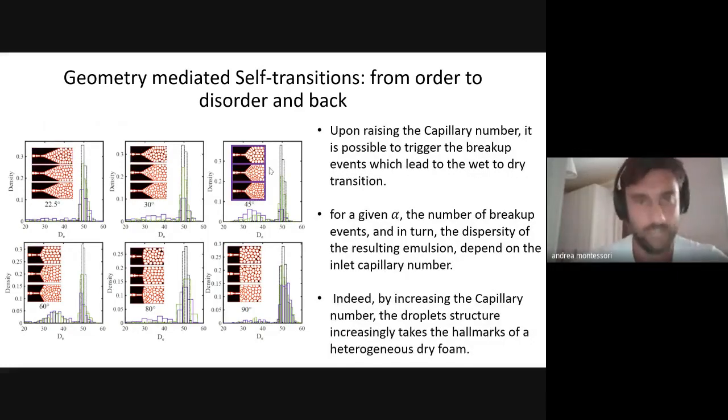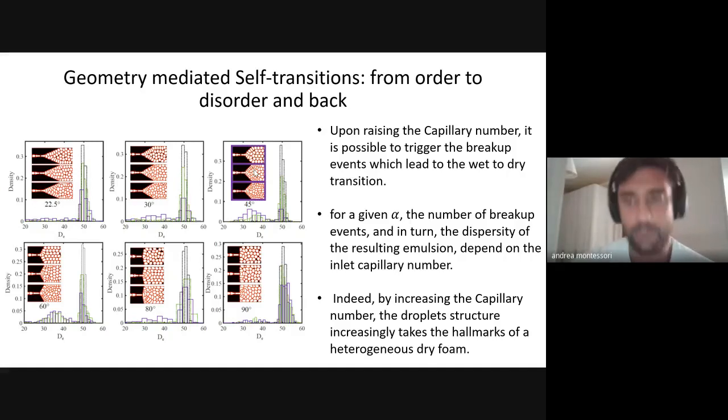If we fix the geometry, for example at 45 degrees here, and raise the capillary number, then it is possible to trigger breakup events, as we saw. For a given aperture angle, the number of breakups is a function of the inlet capillary number.